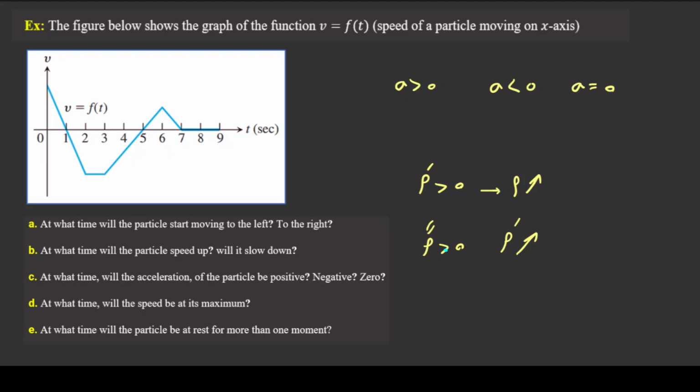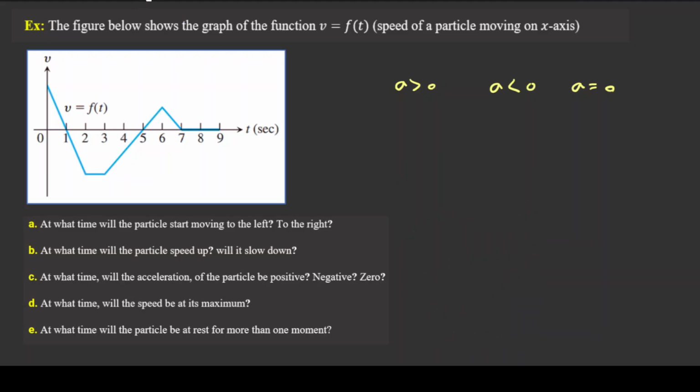So f double prime is positive when f prime is increasing, f double prime is negative when f prime is decreasing, and f double prime is 0 when f prime is constant, right? So the same as we did in chapter 4, we're going to do it now.